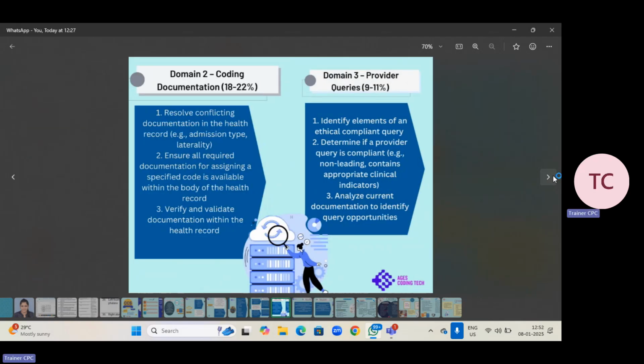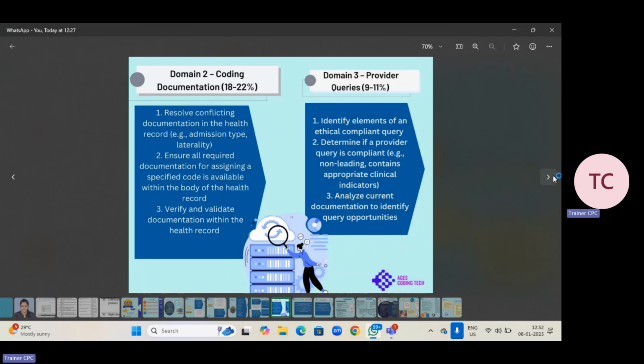Next, coming to domain 2, which is coding documentation. From coding documentation, 18 to 22% of the questions will be from coding documentation. Here, you will be getting the same scenario based questions only.